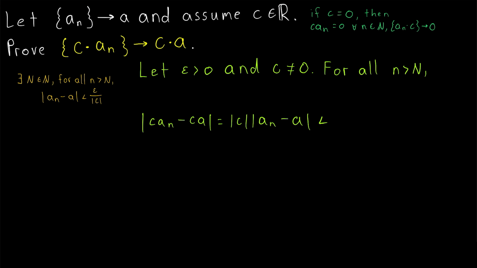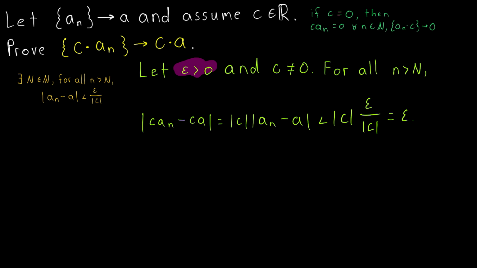So if we replace the absolute value of a_n minus a with epsilon over the absolute value of c, that will make the expression bigger. Then of course, the absolute values of c cancel out. This is equal to epsilon.